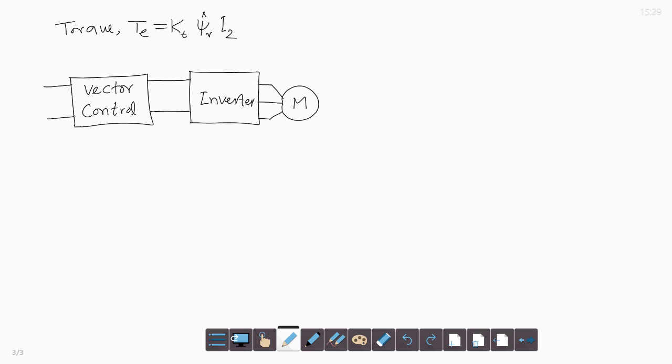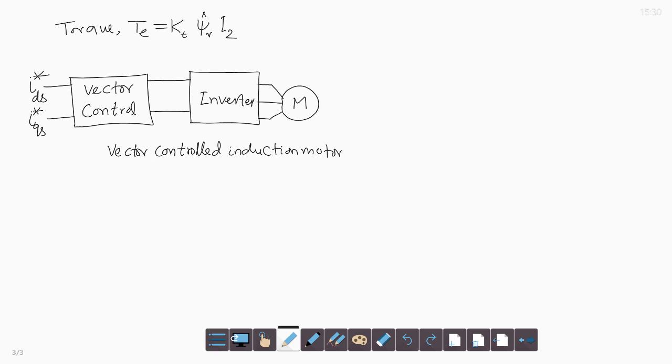So, this is the vector controlled induction motor scheme. In the vector controlled induction motor, at the front we have two command currents, one is IDS star, the reference value, and IQS star. So, these are the command current components.